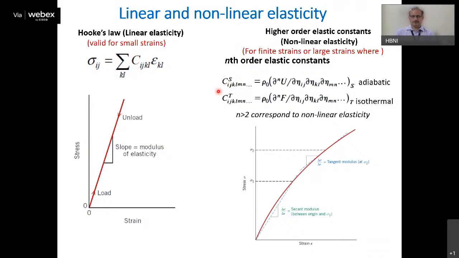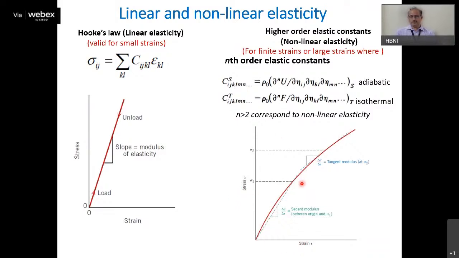So you have to define higher order elastic constants, where these are the strain parameters and the internal energies under different thermodynamic conditions like adiabatic or isothermal. If n is greater than 2, this corresponds to the elastic constants of higher orders. And if you plot the stress-strain curve, it is non-linear.